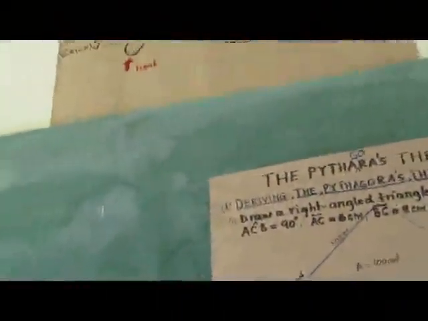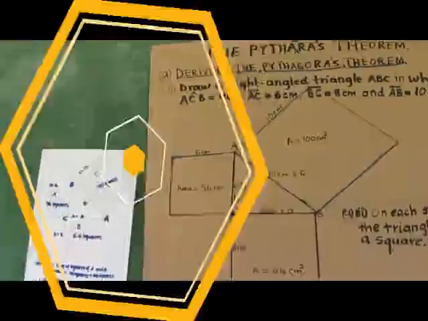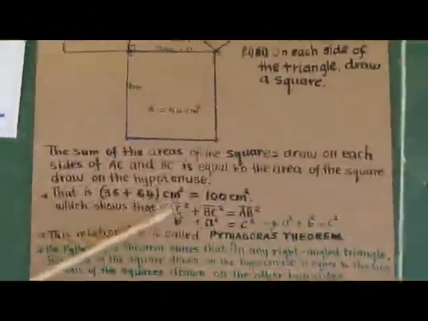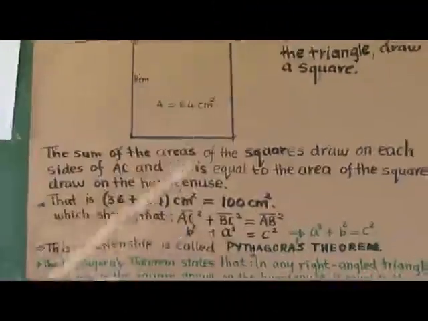Now what can you discover from this diagram here? If you observe these areas, you will find out that the sum of the areas of the squares drawn on each side of AC and BC is equal to the area of the square drawn on the hypotenuse. Students, are we together?